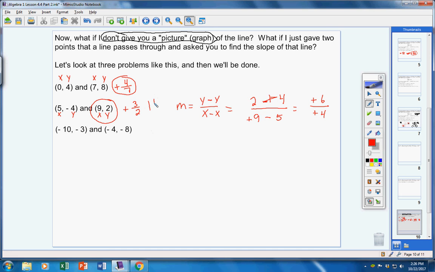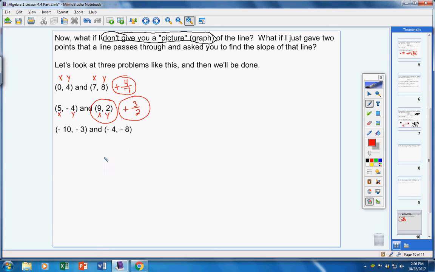Do not put 1 and 1 half for your slope here. It's 3 over 2. That way we know exactly what our rise number is and exactly what our run number is. So positive 3 halves is the slope of the line that passes through these 2 points here.